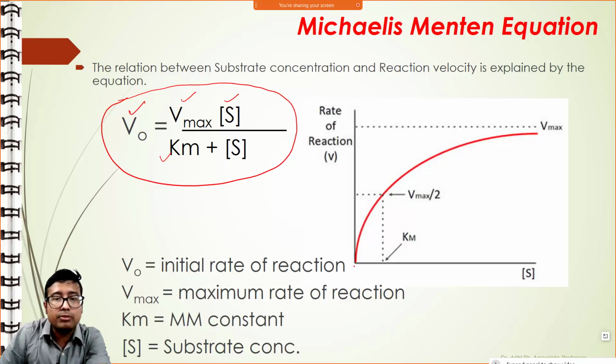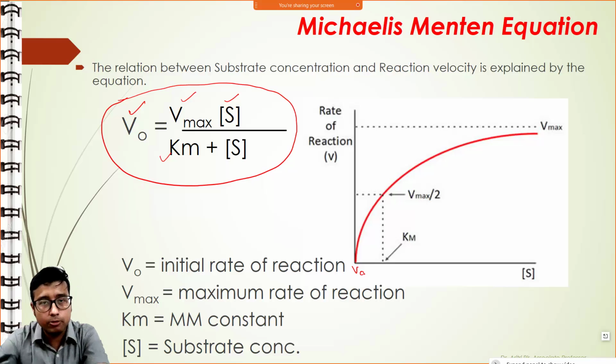It starts from 0, where the reaction velocity is 0, so this is V0, right? This is given in every textbook, and again, this is a revision class, you have already done this, so I hope you are acquainted with it. After some point, when the velocity cannot increase further, we call it Vmax, the maximum velocity.